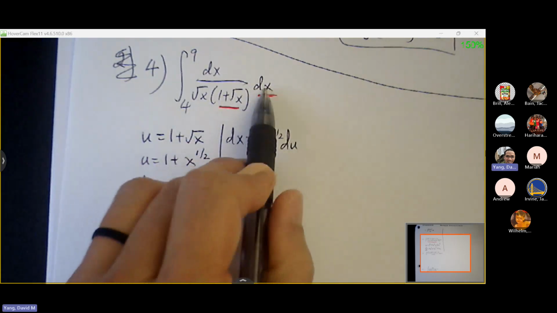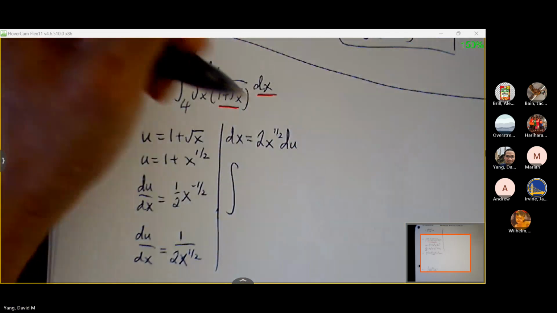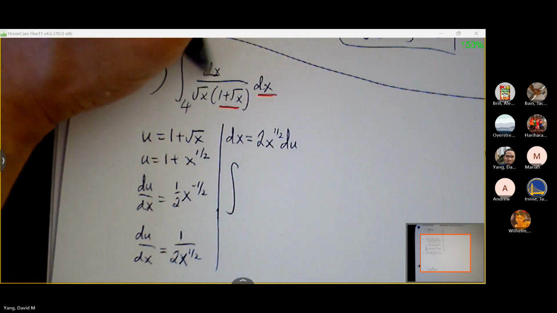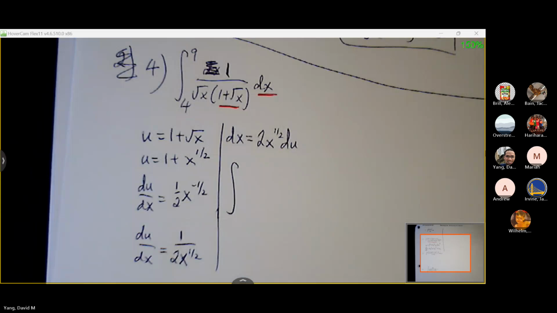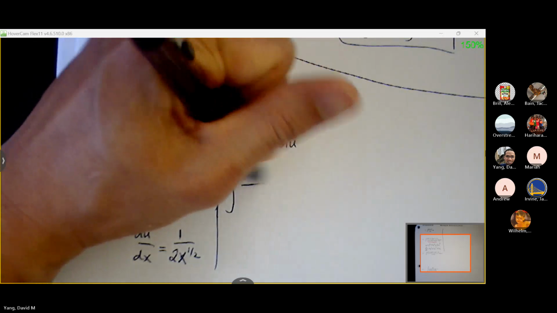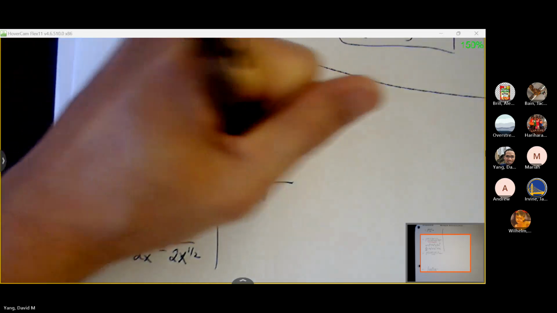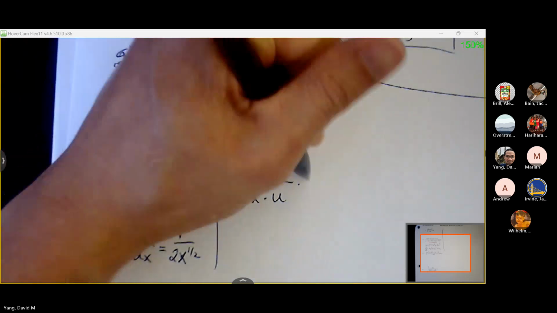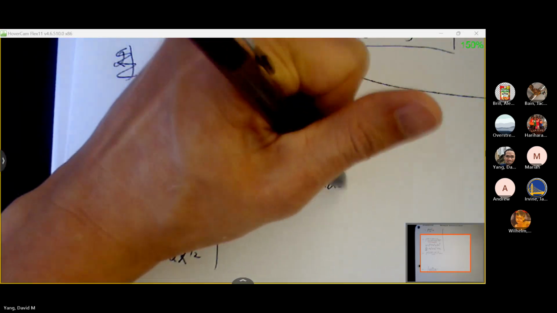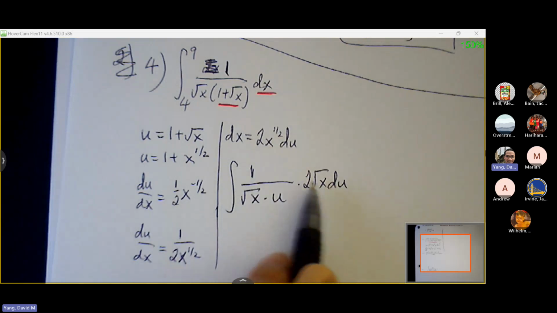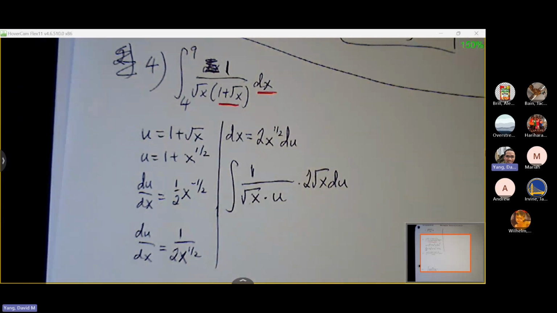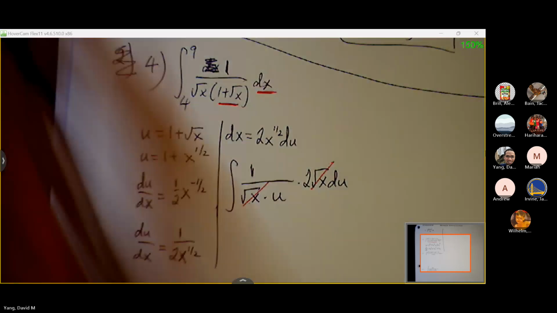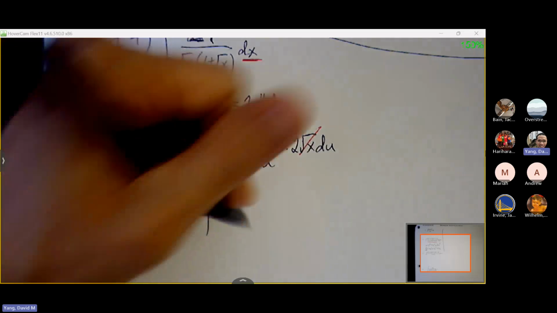Make my substitutions. I'm going to convert that x to the 1/2 back to root x just to see that they're the same. There's a leftover 2 out in front.